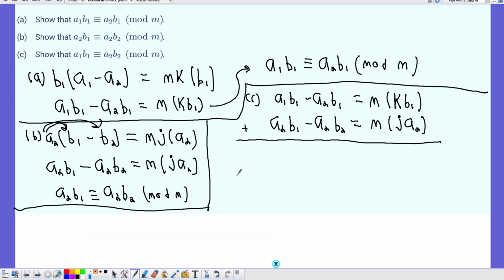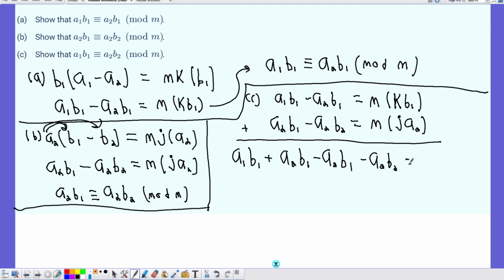So by adding these two equations together, the left-hand side, I get A1 times B1, plus A2B1, minus A2B1, and then minus A2B2.